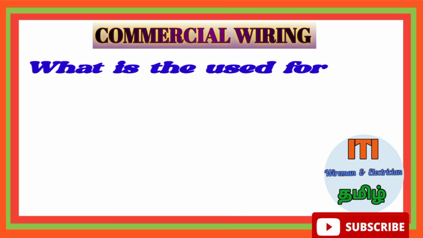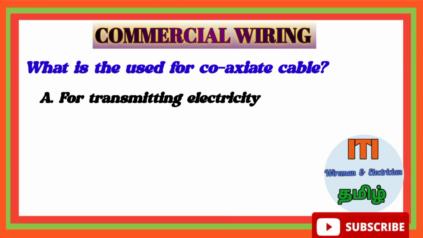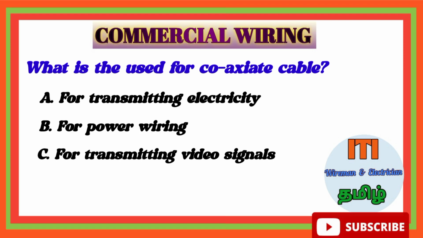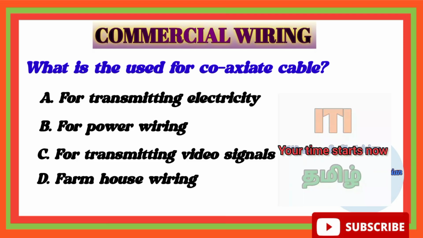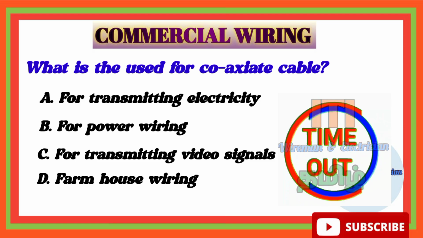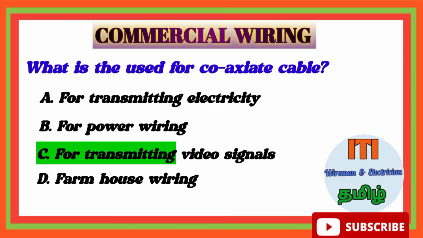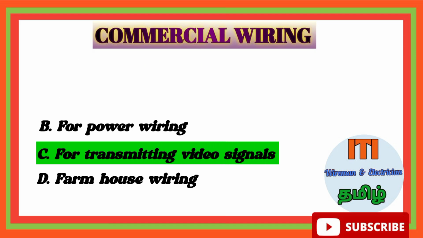What is the use of coaxial cable? Option A, for transmitting electricity. Option B, for power wiring. Option C, for transmitting video signals. Option D, for house wiring. Answer: option C, for transmitting video signals.